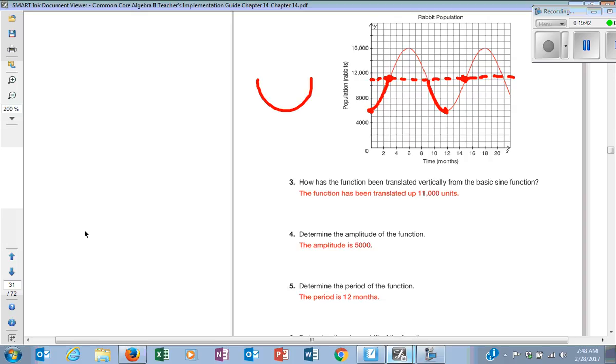You get what I just did? And so if I look at how long it takes to complete that, I also get 12 months. And I'm going from 0 to 12, so I know it's just 12 months. I don't care which one you like. You can do either one. But that is what a period is: how long it takes to create a bottom and a top of my wave. Good?